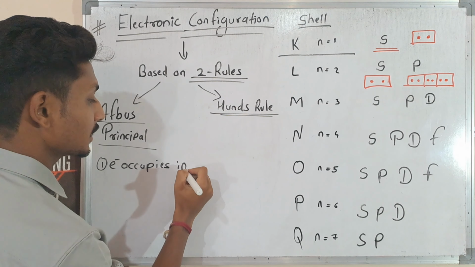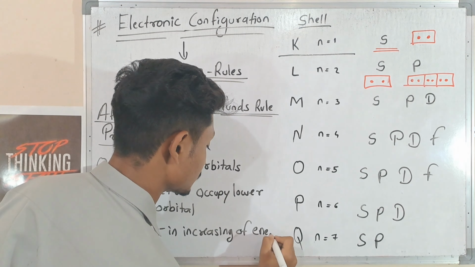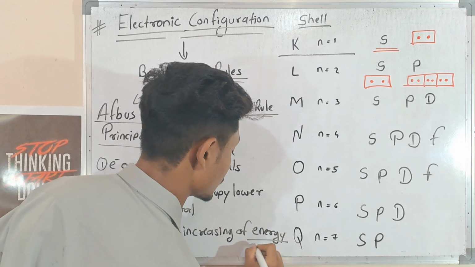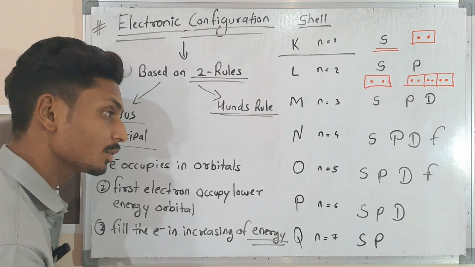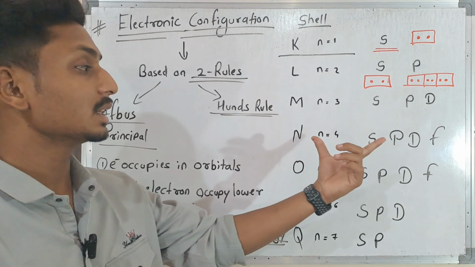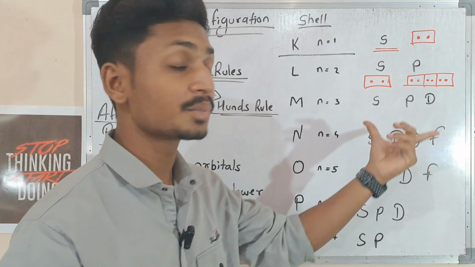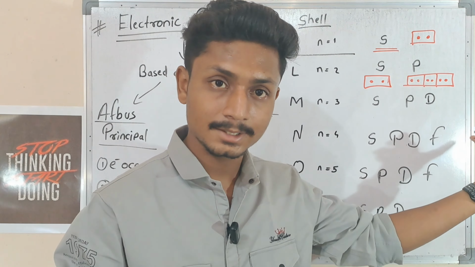And third point is fill the electrons in increasing order of energy. It means you have to fill the electrons in these subshells and orbitals.